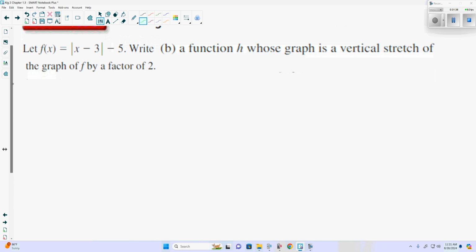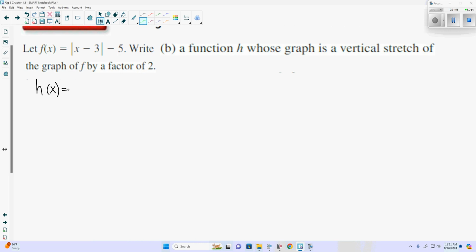Let f of x equal the absolute value of x minus 3 minus 5. Write a function h of x whose graph is a vertical stretch of the graph of f of x by a factor of 2.